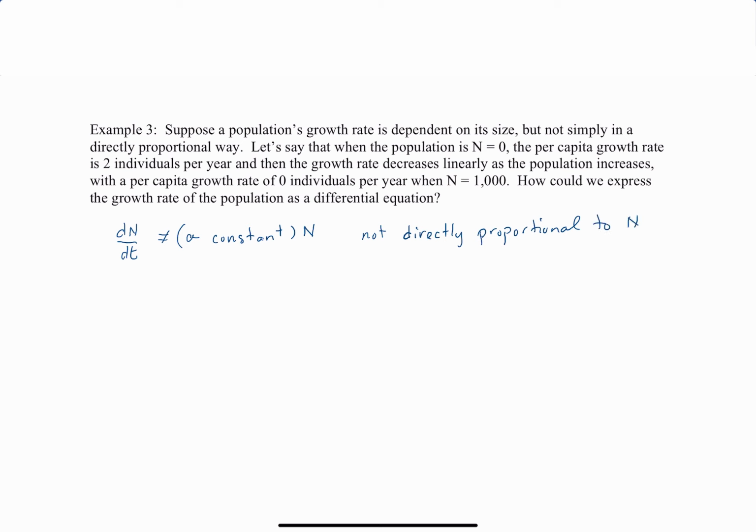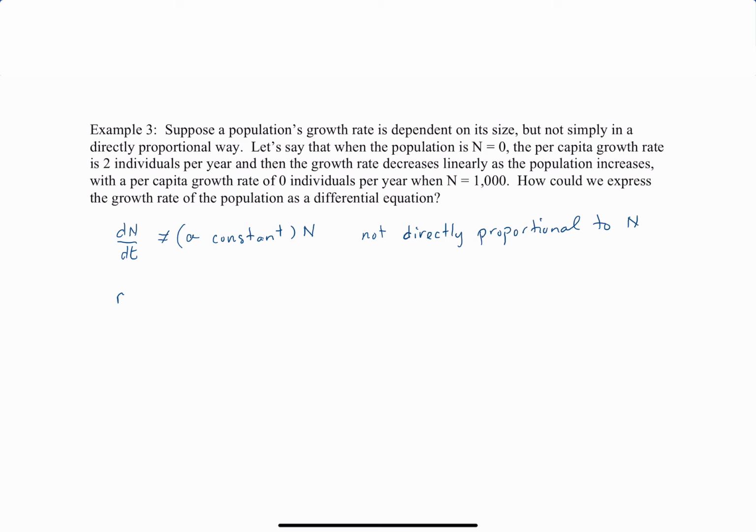Let's look at the second sentence. Let's say that when a population is N equals 0, the per capita growth rate, and now we're talking about that little r, not dN/dt. So the growth rate of the population is dN/dt. The per capita growth rate is our little r.